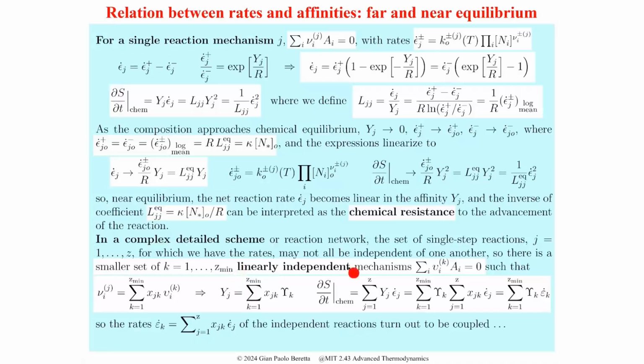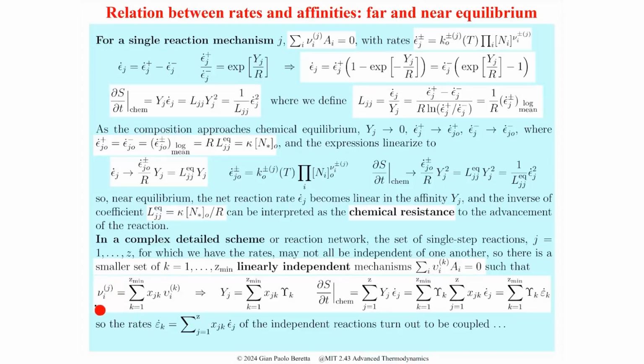So let's suppose that the stoichiometric coefficients, now here I'm running out of symbols, so instead of nu, I'm using this other letter. I wish your Greek colleague was here today, because I forget what the name is. In any case, these are the stoichiometric coefficients of the linearly independent mechanism, with respect to which I can write all the other ones.